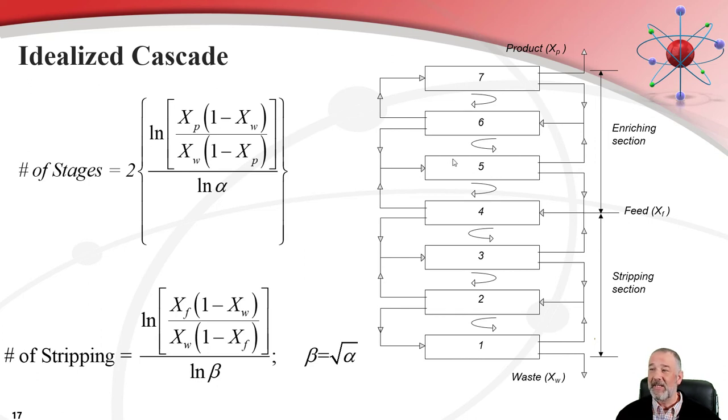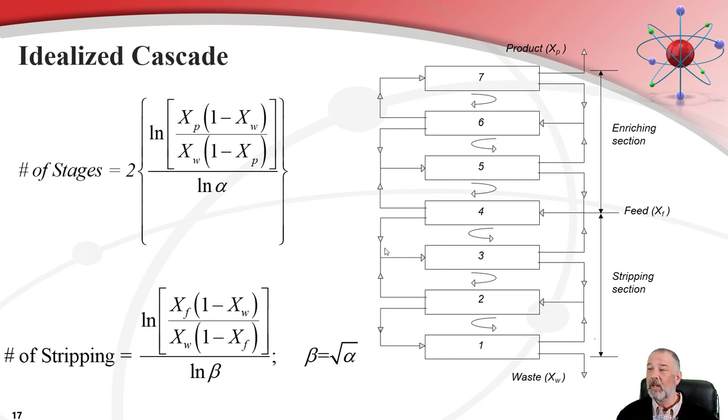That 0.5% is then put up into number 5. Now that one takes that 0.5% and increases it to 0.75%. That 0.75% then goes up to number 6, which again increases it by that same amount. And then that goes all the way up to the last one, which increases it again by that same amount. By adding up all of those different steps of enrichment, we can come up with a total enrichment from starting with the feed and going all the way up to the product.